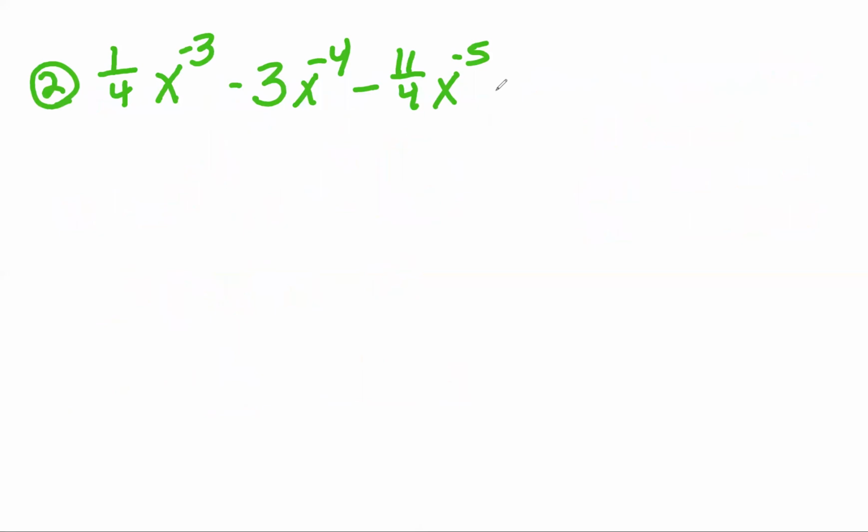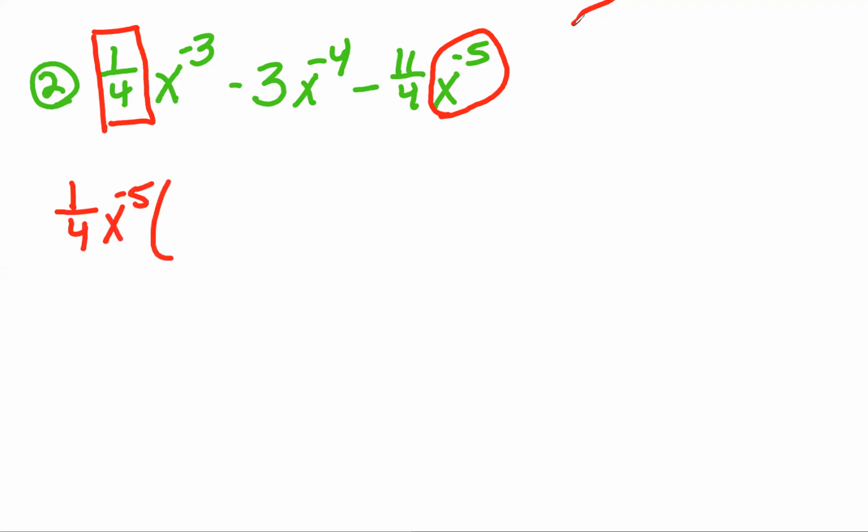All right, so if I were to have something like this one, my lowest exponent is going to be x to the -5th. So I want to take that part out. I also really don't want a 1/4 in the front, so I'm going to factor out a 1/4 x to the -5th power.